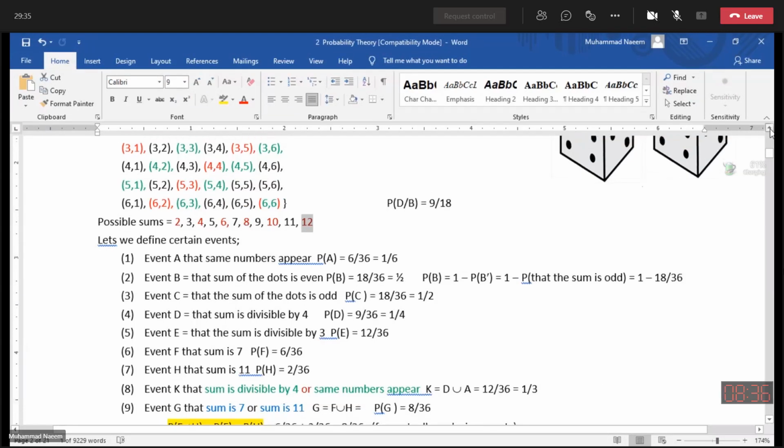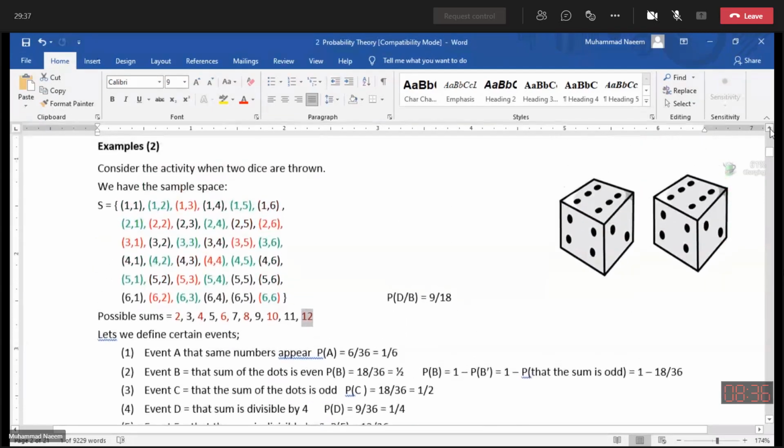Trace out their corresponding ordered pairs. Ordered pairs corresponding to the sum 4, they are red highlighted. Ordered pairs corresponding to a sum 8, these red highlighted ordered pairs, and the ordered pairs giving a sum 12, this one last at the end.